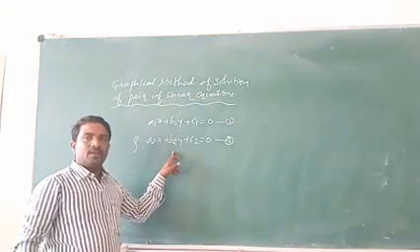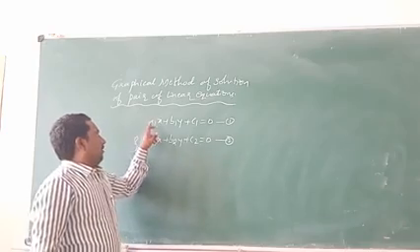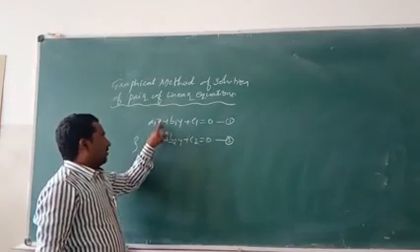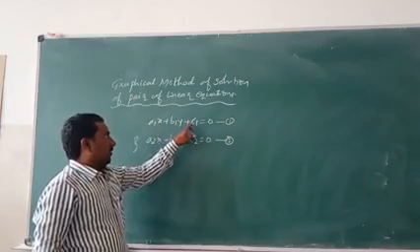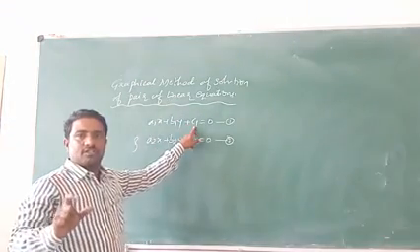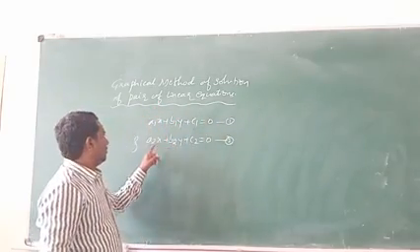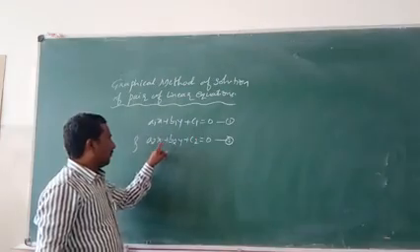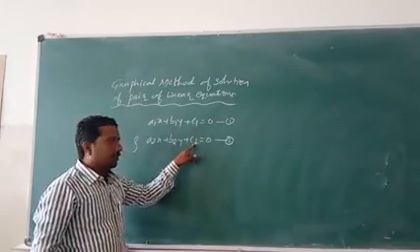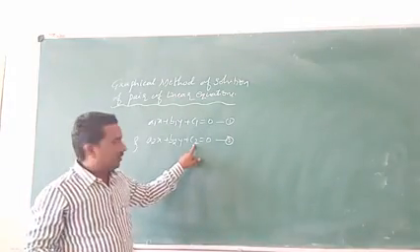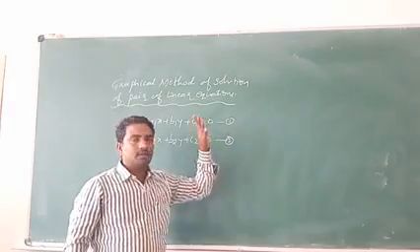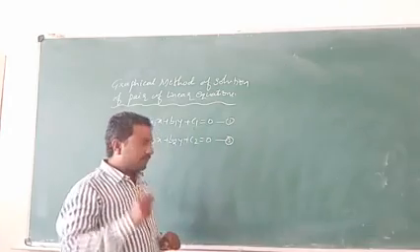Here a1 is the coefficient of x, b1 is the coefficient of y, and c1 is the constant term of equation number 1. And a2 is the coefficient of x, b2 is the coefficient of y, and c2 is the constant term of equation number 2, right?